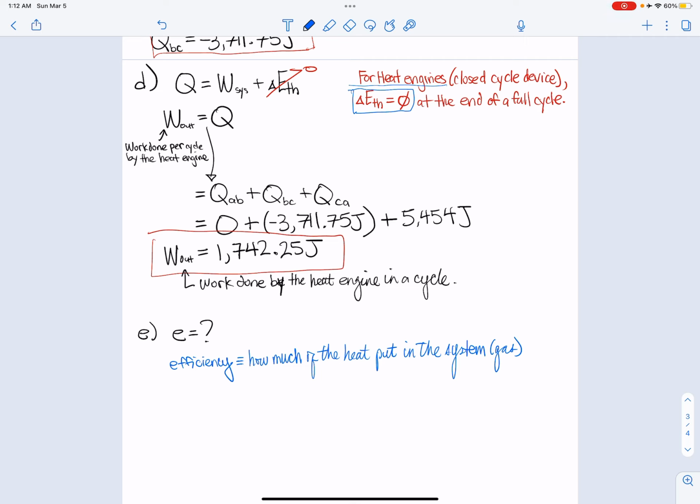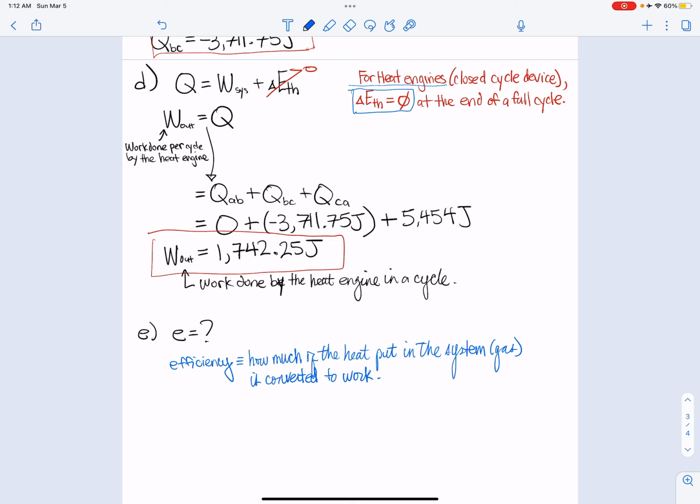That's our system, is converted to work. So that's the amount of heat put in the system that was not wasted and was converted to work.